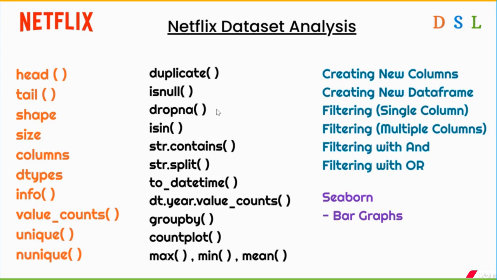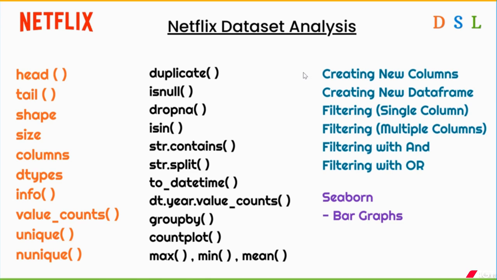To drop the null value records, we will use the dropna function. We will use the isin function, str.contains function, str.split, to_datetime function, dt.year.value_counts function. To make the groups, the group by function. To draw the bar graph, the count plot, and the mean, max, and min functions.